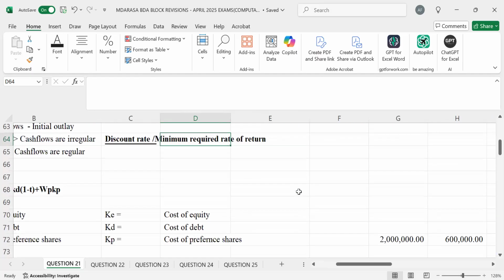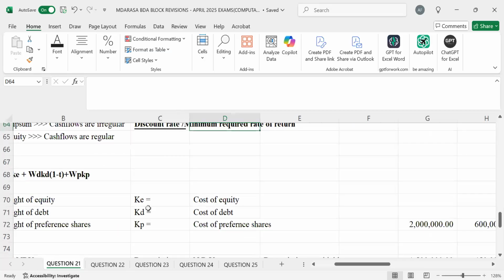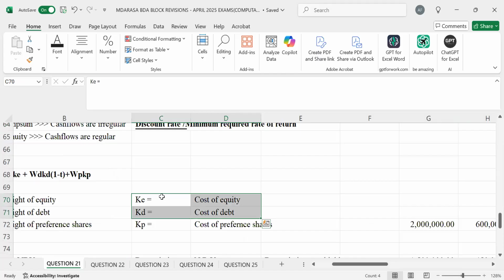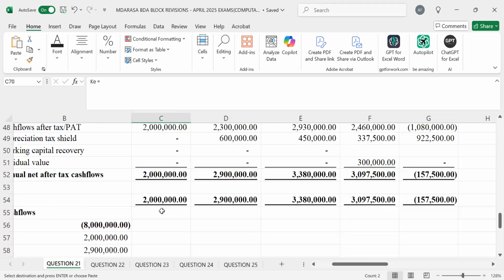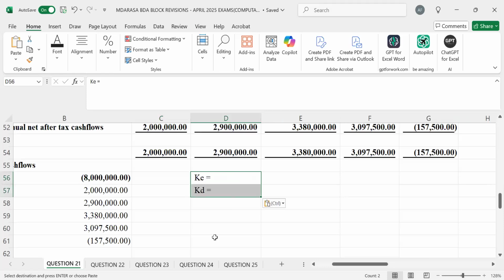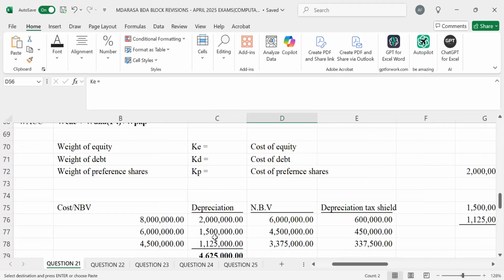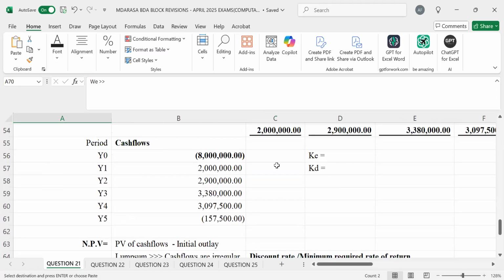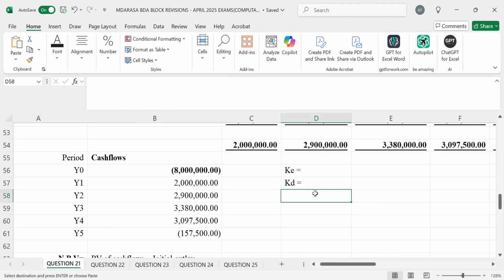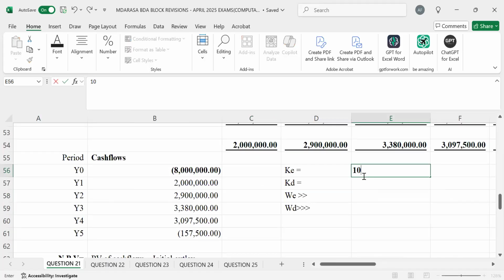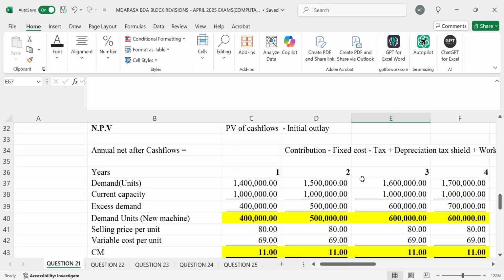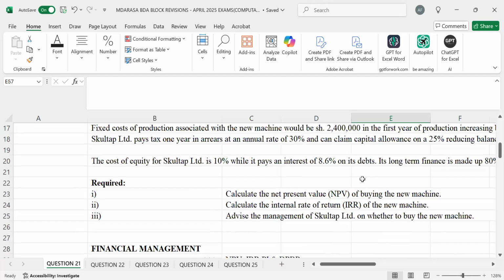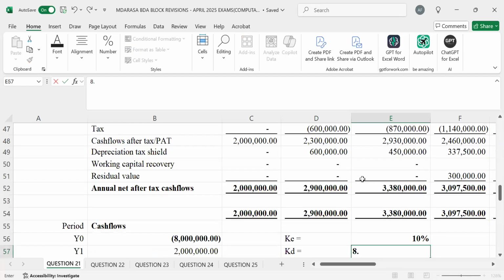So clearly, we are given these values: the cost of debt and our weights. KE, we're given 10%. KD, we're given 8.6%, but I need the after-tax cost of debt.